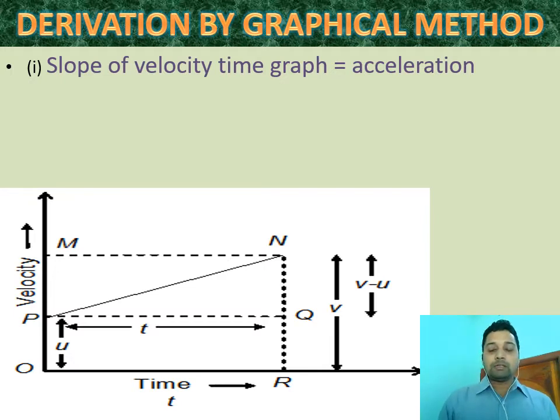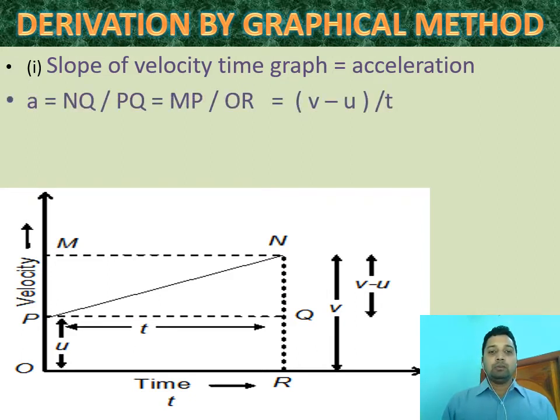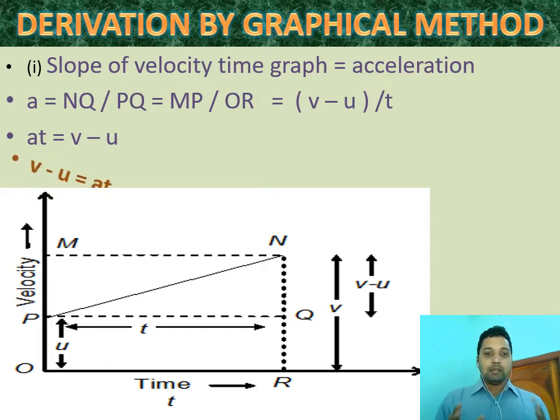So t minus 0 is the change in x-axis. So we get acceleration equal to NQ by PQ, or simply PM or MP by OR, or v minus u by t, or y2 minus y1 by x2 minus x1. T means t minus 0. So we got at equal to v minus u, whereas v equal to u plus at, the first equation of motion by graphical method.